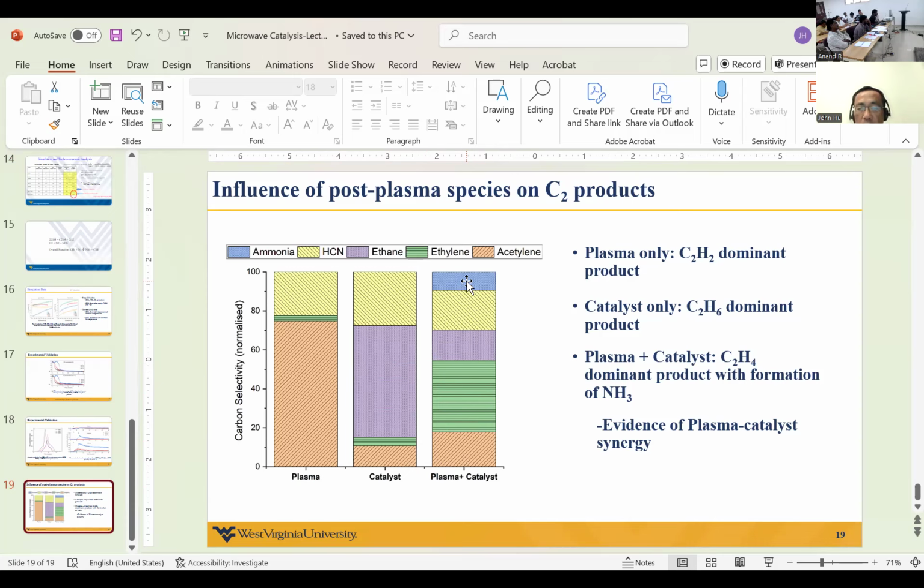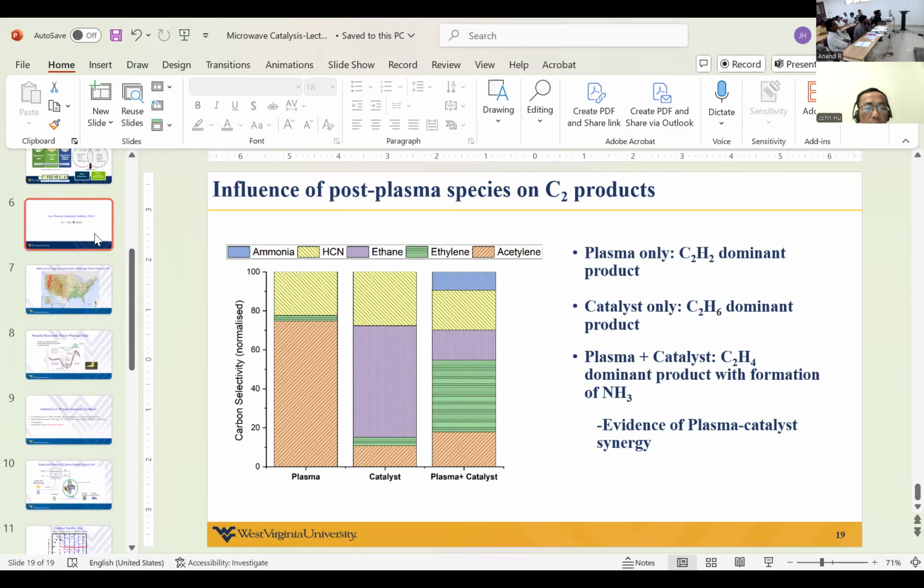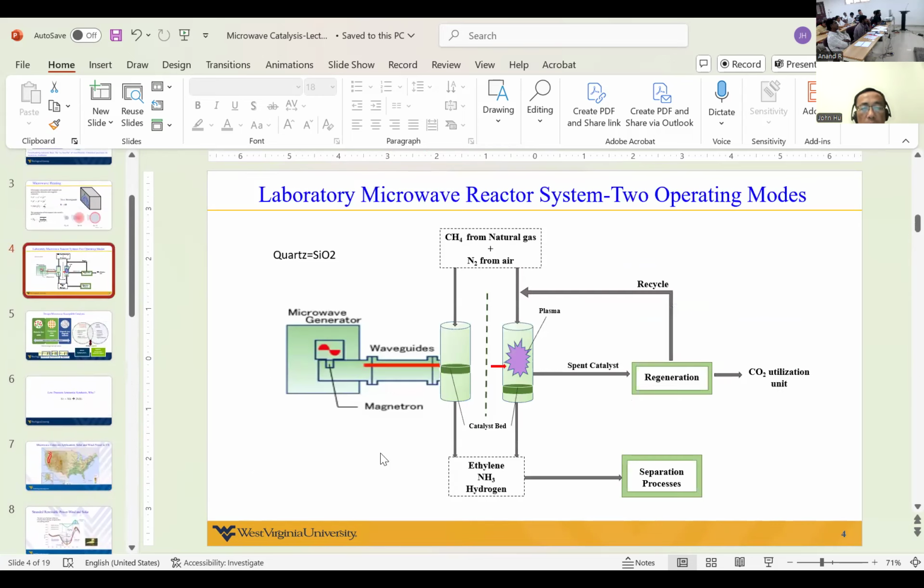So this is really encouraging: in both scenarios, with microwave only, we saw ammonia and acetylene, and when we ran the plasma, we saw the same thing. So we can talk about the energy consumption of the microwave and plasma. Microwave only is more efficient because we do not need to ionize the molecule.